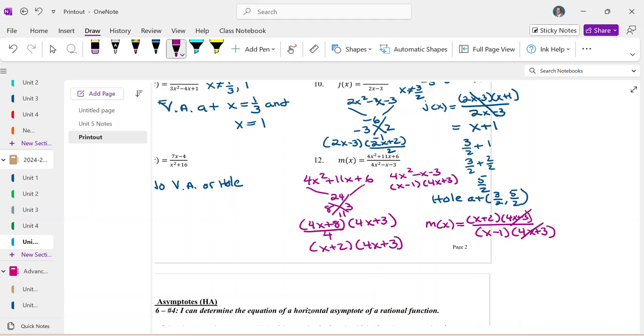So you cancel here. Now understand, if you set these equal to 0, you get x cannot equal 1 or negative 3/4. Now you cancel here and you get x plus 2 over x minus 1.